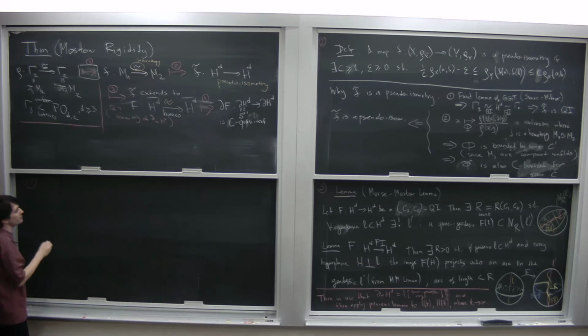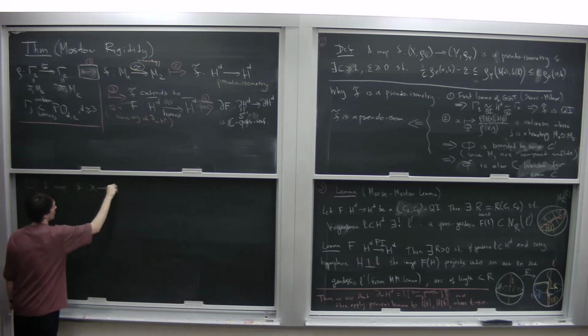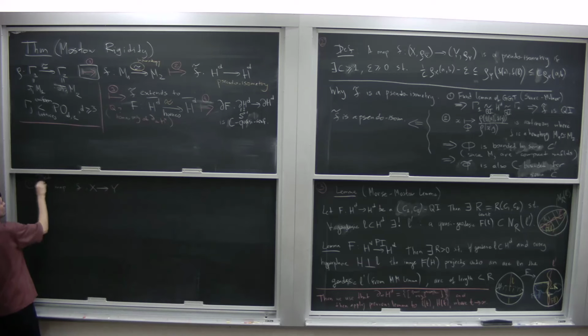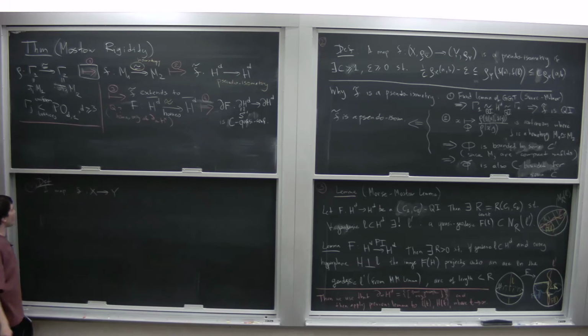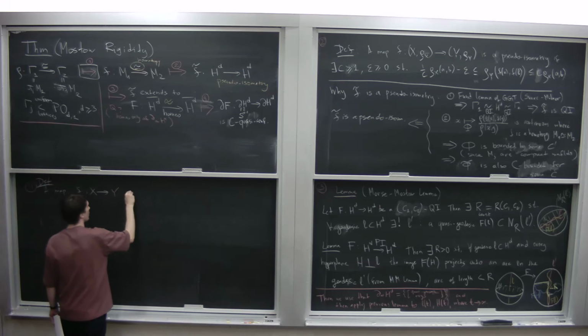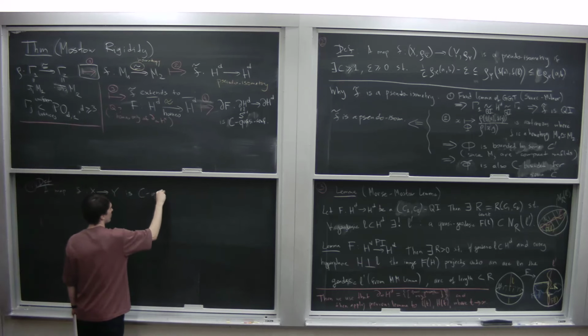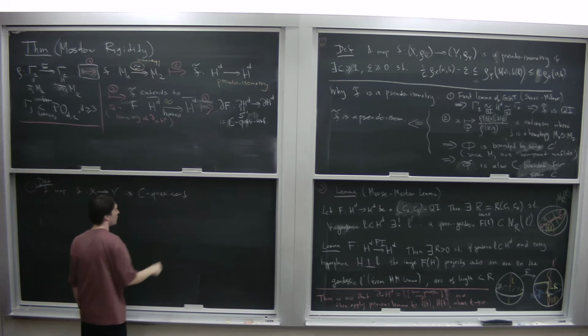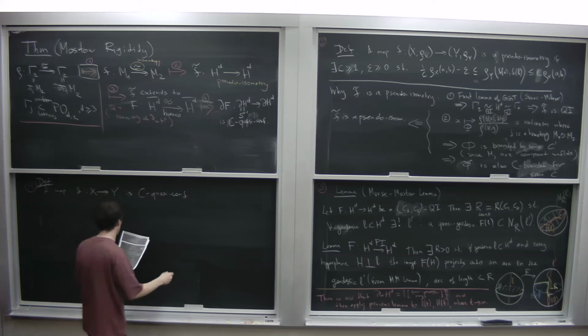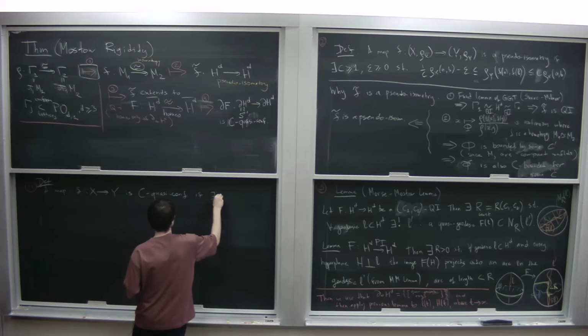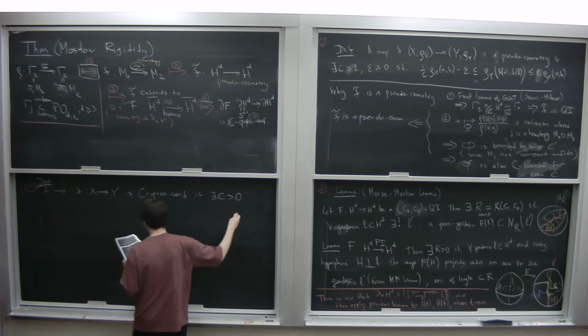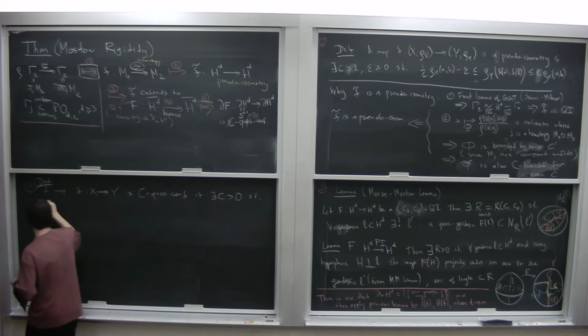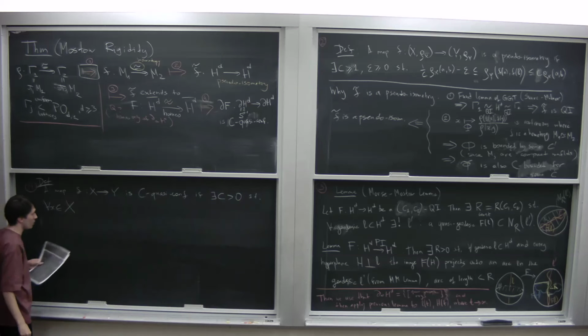So a map F from X to Y is said to be quasi-conformal if there exists a number C greater than 0 such that for every x in X, the following ratio has a limit bounded by C.